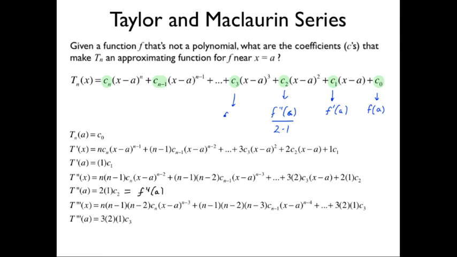We're going to make it f triple prime at a over, and what is this? So I got 2 times 1, then 3 times 2 times 1. 3 factorial, right? And that's 2 factorial. And could we say this is divided by 1 factorial? And this is divided by 0 factorial, which is 1, right?